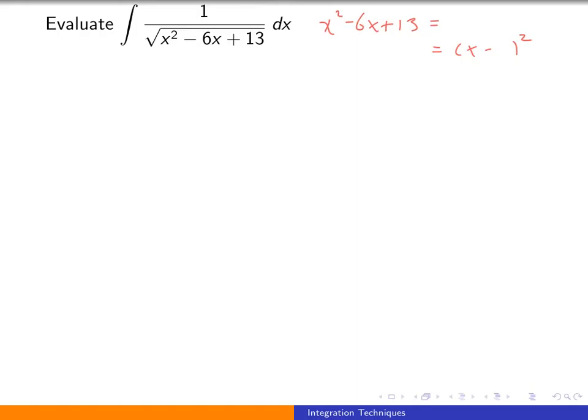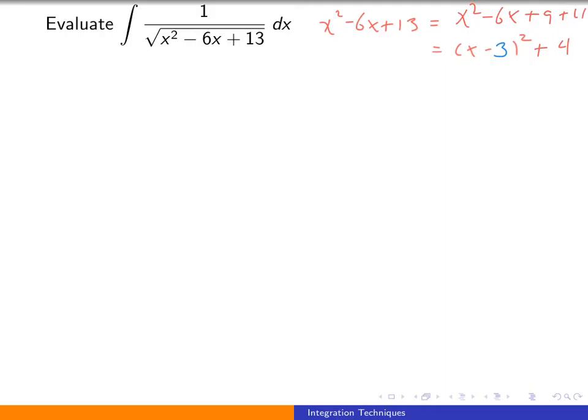Looking at the coefficient of x, the x squared minus 6x would be the first two terms of x minus 3 squared. So I'm going to need a 3 to fill in the blank there. So that would be x squared minus 6x plus 9, and 13 would be 9 plus 4. So x minus 3 squared plus 4.